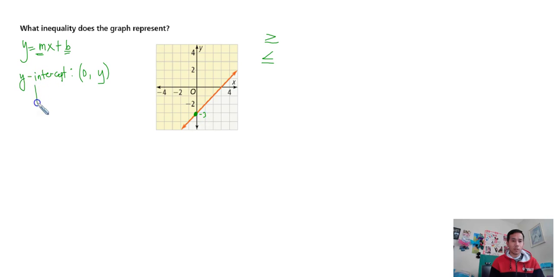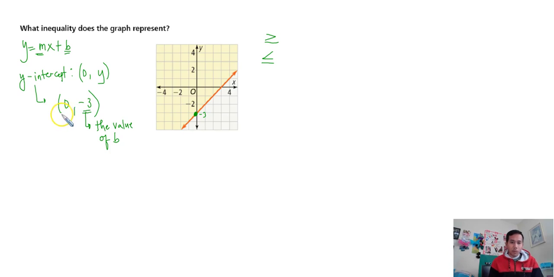So your y-intercept on this given will be (0, -3). Therefore, the value of b, again, the value of b and the y-intercept are different. The y-intercept is always a point. But the value of b is -3. So this is the value of b in y is equal to mx plus b.